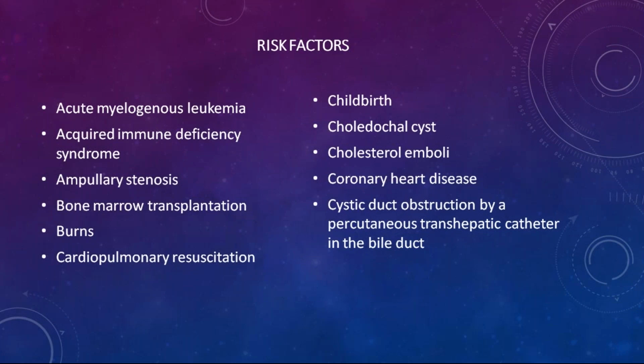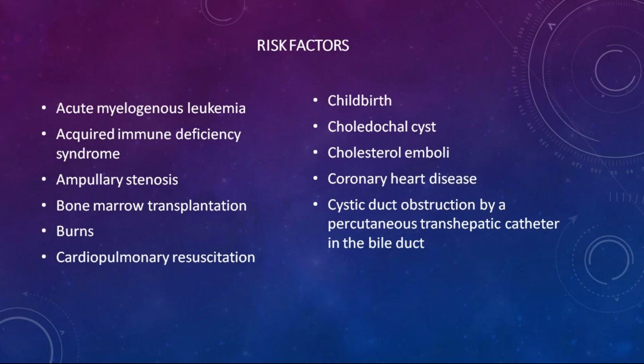So coming to the risk factors, just note it down. Ampullary stenosis is one major risk factor. Bone marrow transplantation, burns, cardiopulmonary resuscitation, cholesterol emboli, coronary heart disease, cystic duct obstruction.